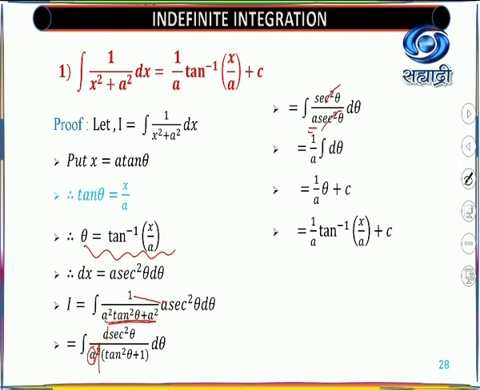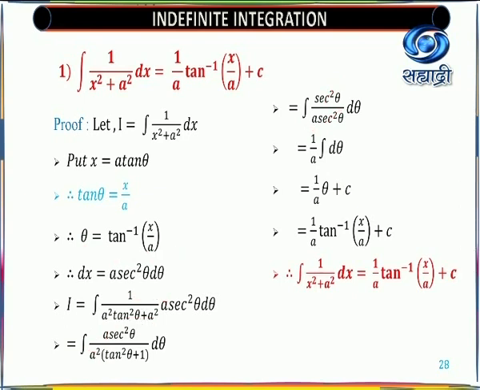Because we started with the x variable, so we want the answer in x only. So you get 1 upon a tan inverse of x by a plus constant of integration. Hence your formula is integration of 1 upon x square plus a square dx equal to 1 upon a tan inverse of x by a plus constant of integration.